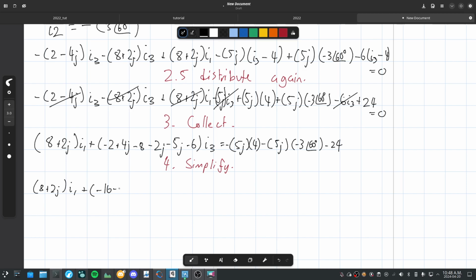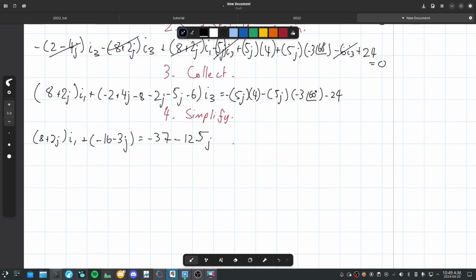You get negative 16 minus 3j is equal to negative 5j times 4 minus 5j times negative 3 with a phasor of 60 degrees minus 24. You will get negative 37 minus 12.5. Actually, this is negative 36.99, but close enough.